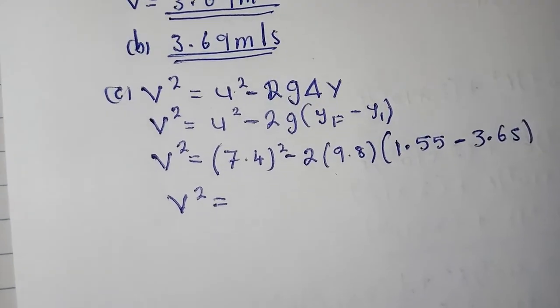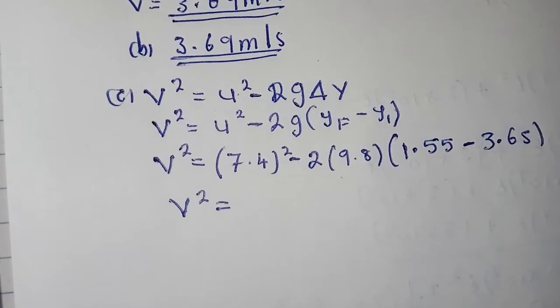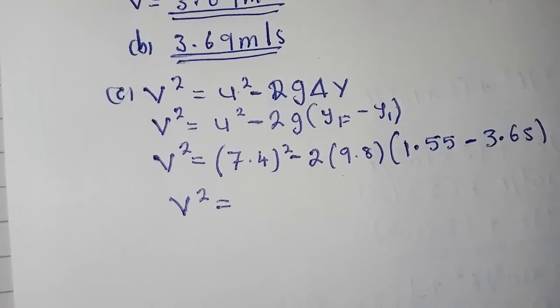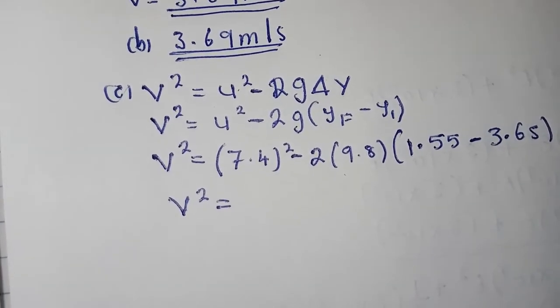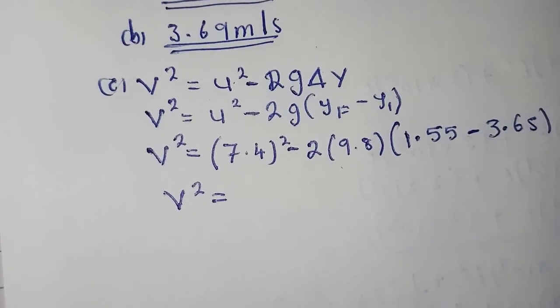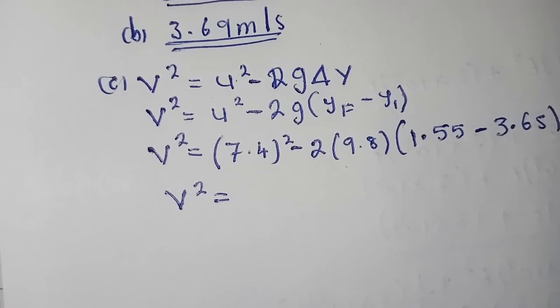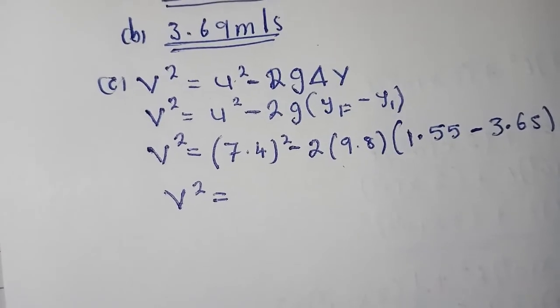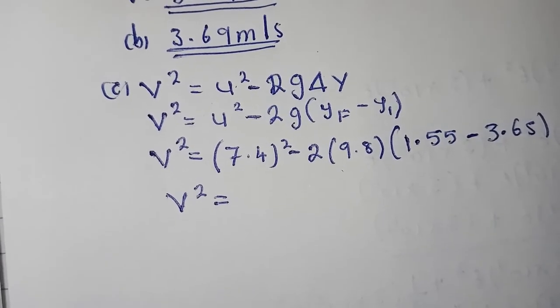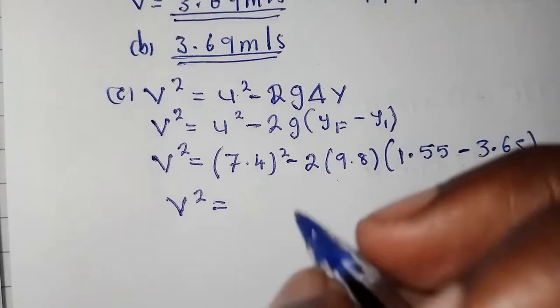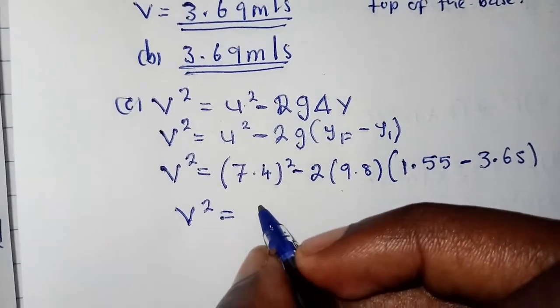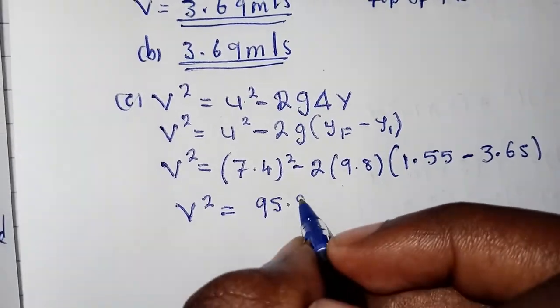Punch everything on the calculator at the same time, and you must get roughly about 95.9.